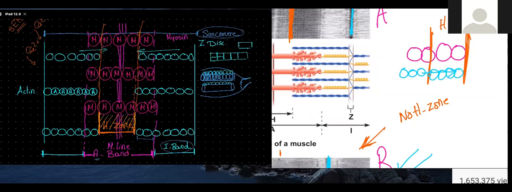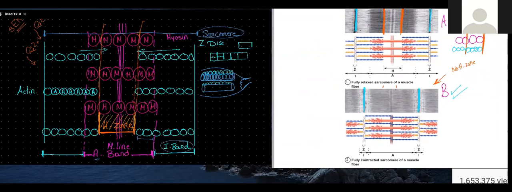So no H zone will remain when I contract the sarcomere. Does it make sense? Any question?